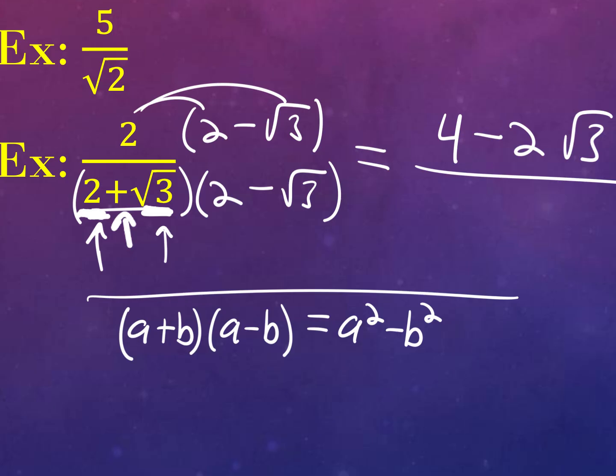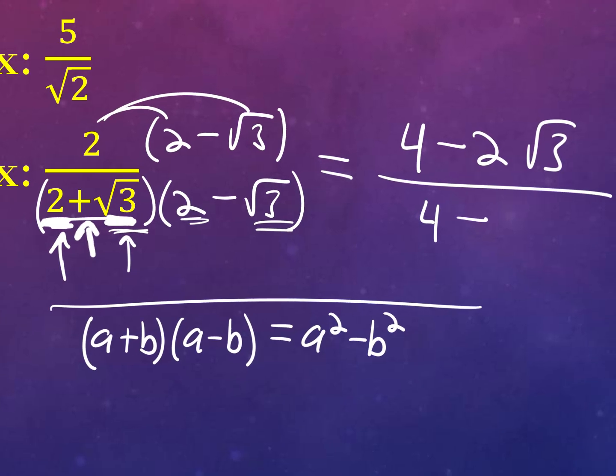What's the square of the first number in these parentheses? When you square it, it's going to get you 4 minus, what's the square of the second number in these parentheses? What's the square root of 3 squared? It's just 3, right? So there's your shortcut to FOILing it. If you didn't know how to do that, then you can just FOIL it as normal.